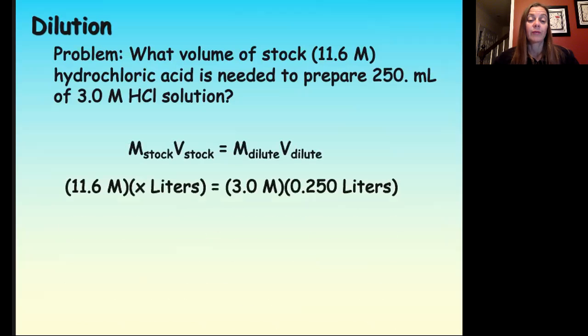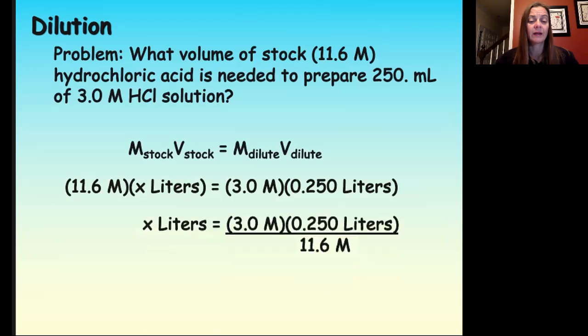So we have 3 molar times 0.250 liters, or that 250 milliliters, is equal to the molarity of the stock solution, 11.6 molar, times some volume. And when we solve that for the volume, we find that we cancel out the molarity units and we get 0.065 liters or 65 milliliters.